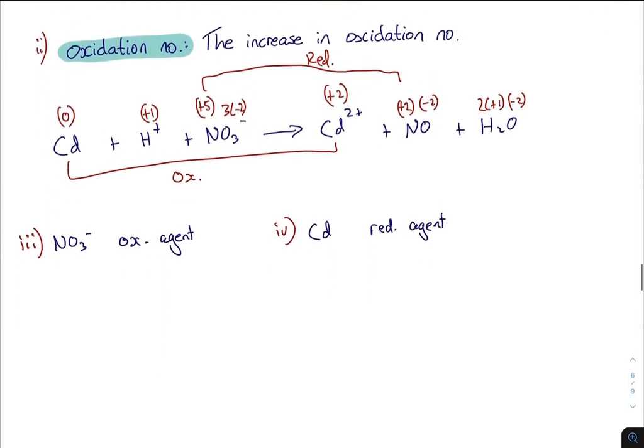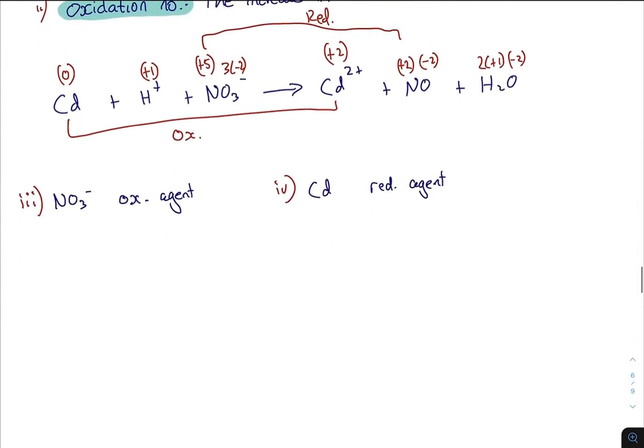Okay, so we're almost done. Last thing now is just to balance this chemical equation. So I write it out again. Cd plus H+ plus NO3- gives us Cd2+ plus NO plus H2O. Okay, so same principle again.